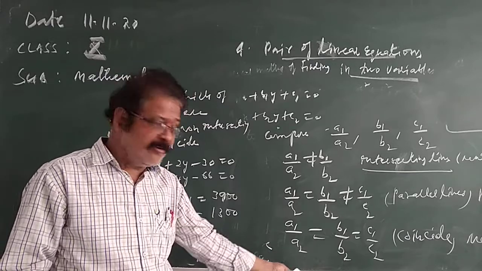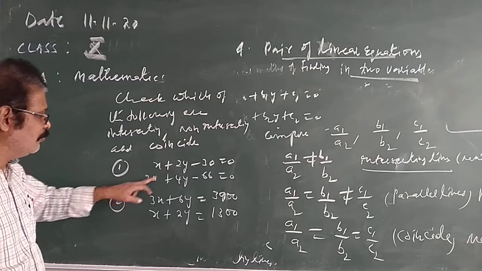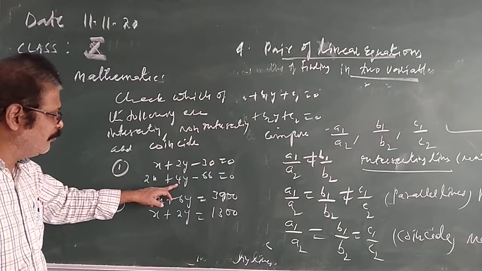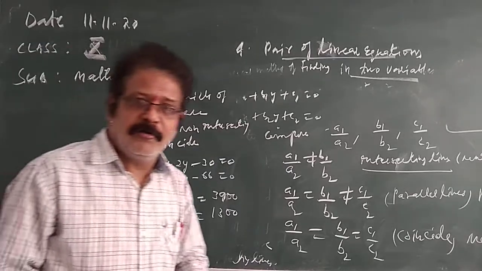If all ratios are equal, they are coincident. You have to verify. You know that A1 is 1, A2 is 2, B1 is 2, B2 is 4, C1 is minus 30, like this. You can verify. I hope you clearly understood.